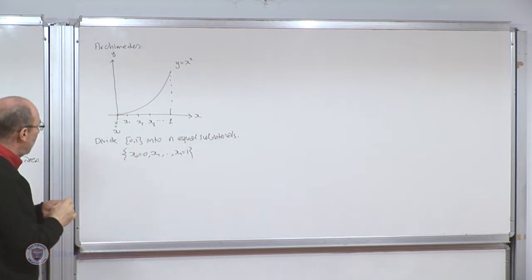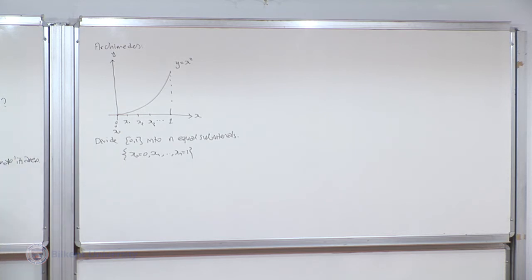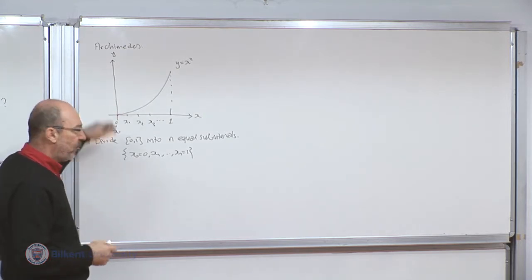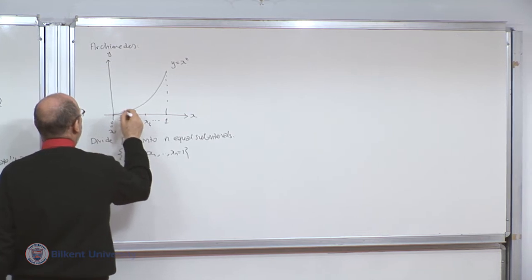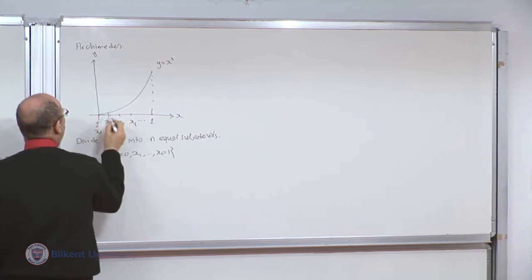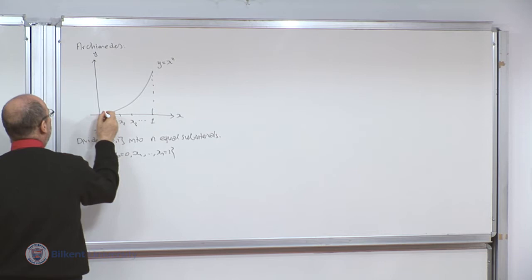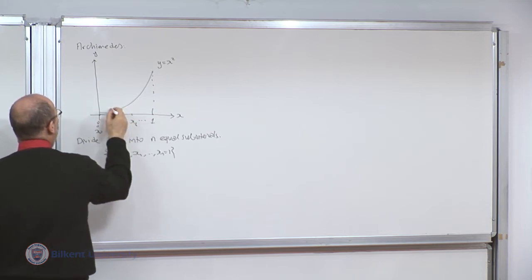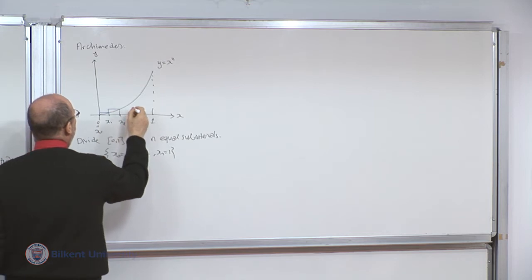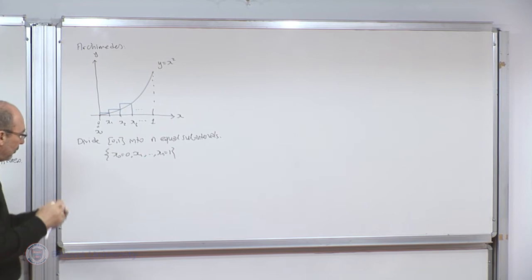Then, let me use a different color here to show boxes. We'll do this twice. First, we'll put larger rectangles here. We put a rectangle here, go up to the curve and then complete this rectangle. We go up to the curve and complete this rectangle. As usual, we say dot, dot.